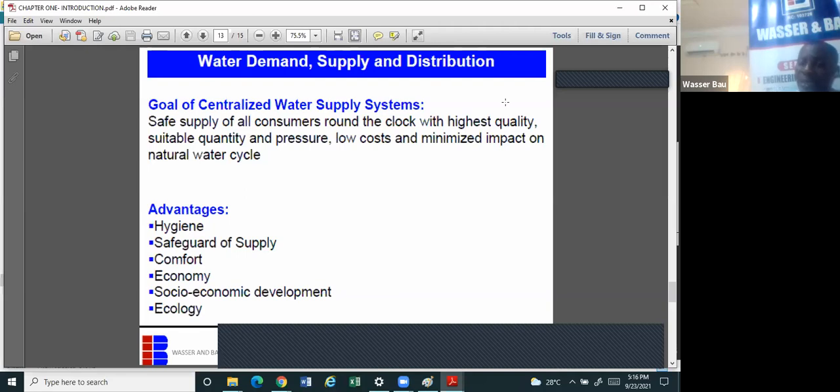Then finally, there should be a minimum pressure, which you have dealt with in this course, that's required in your network. So if you're able to meet this demand, then we expect your water to be hygienic, to be a safe supply, to be comfortable, to be economical, to lead to socioeconomic development, and to maintain natural ecology. Biodiversity must not be compromised.